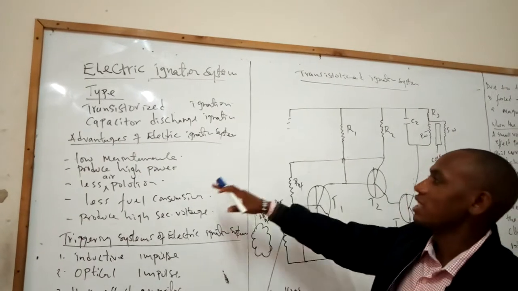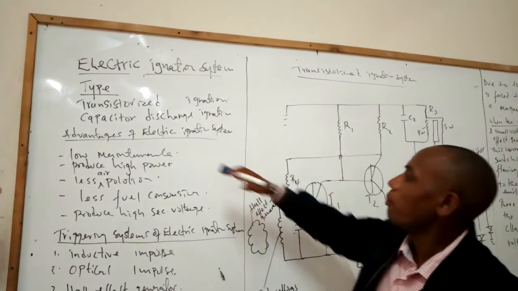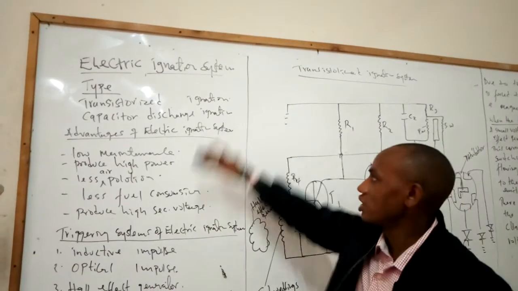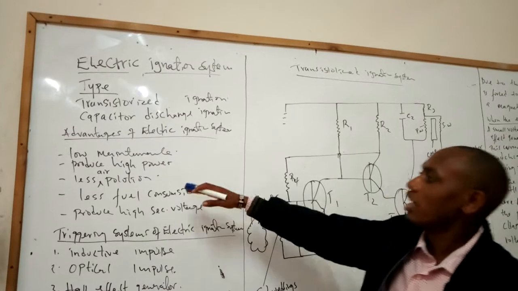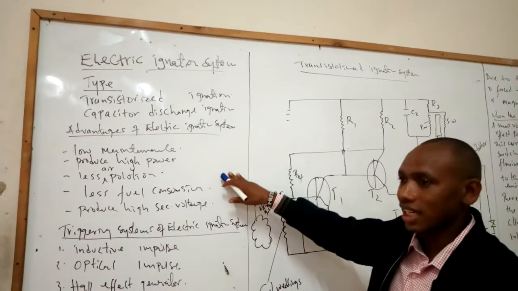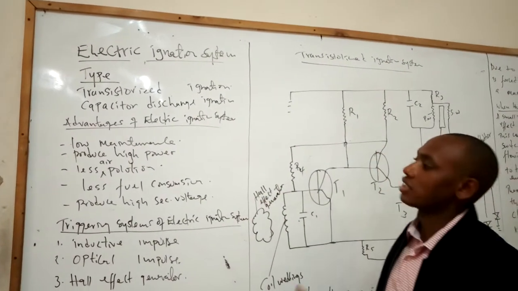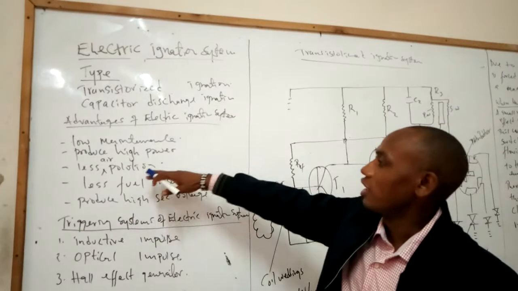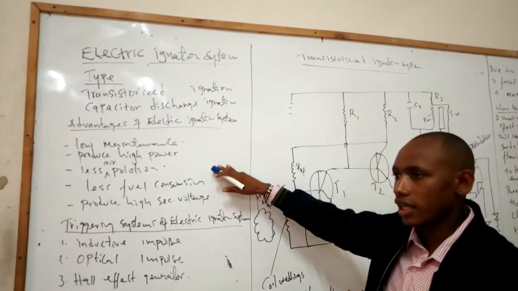The advantages of electric ignition system, comparing it over the coil ignition system, are: one, it has low maintenance. All the maintenance of the electric ignition system is a bit low. It also produces high power compared to coil ignition system.